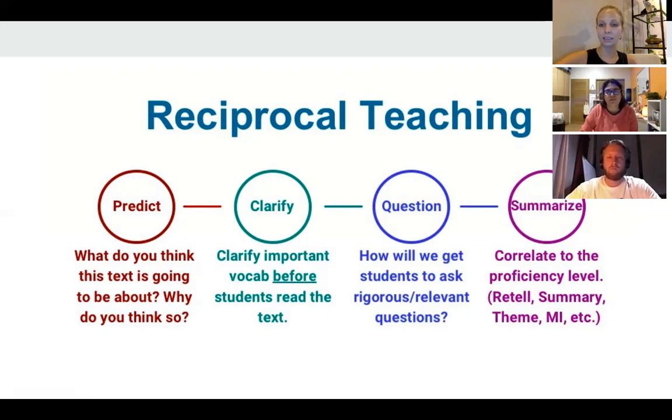And the last is summarizing. This can happen at all different grade levels and all different proficiency levels. And it's done by retelling, summarizing, figuring out the theme, and so on.